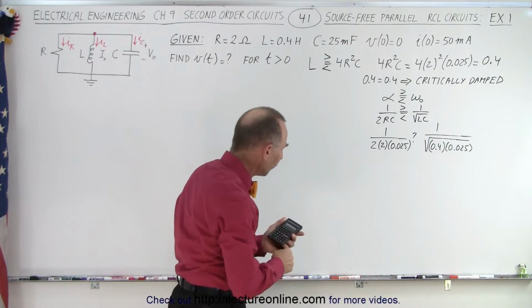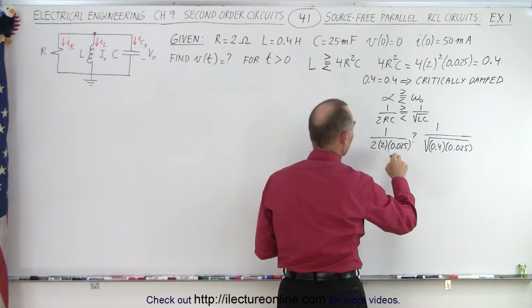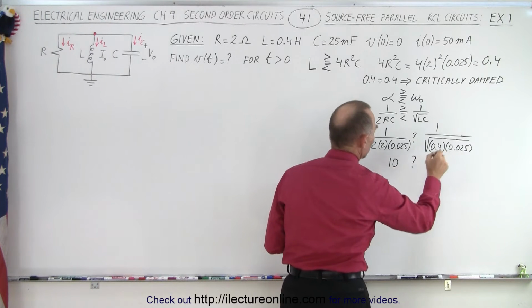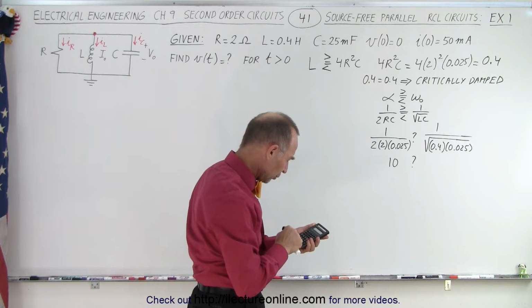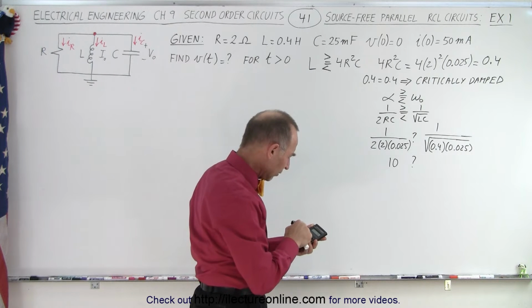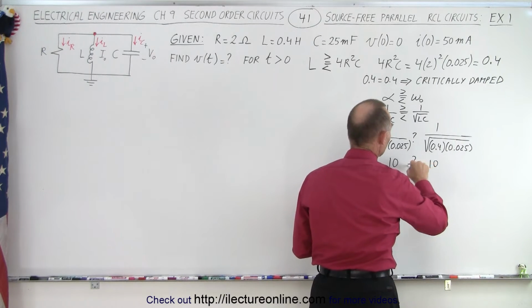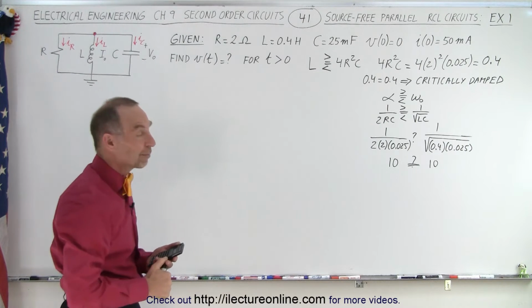So 2 times 0.025 times 2 is 4 times... that's equal to 0.1, and 1 over that is 10. So 10, question mark. Compare that: 0.4 times 0.025, take the square root, take the inverse, and of course you would expect them to be the same. They're equal to each other, so again we realize that this is a critically damped system.